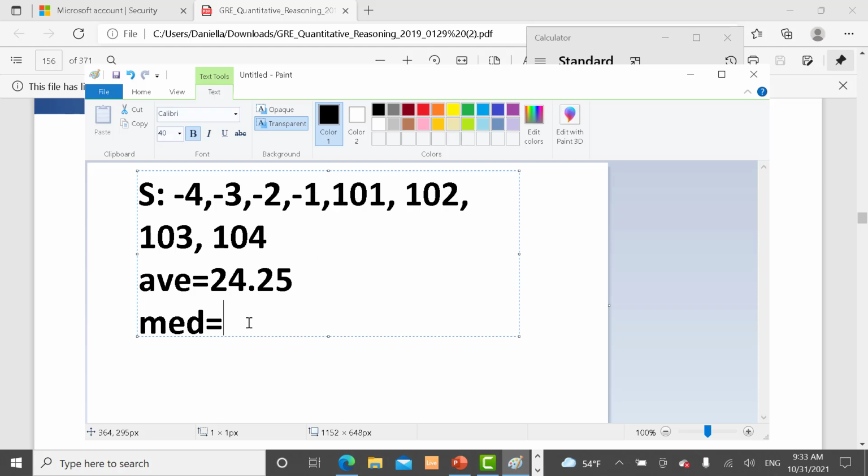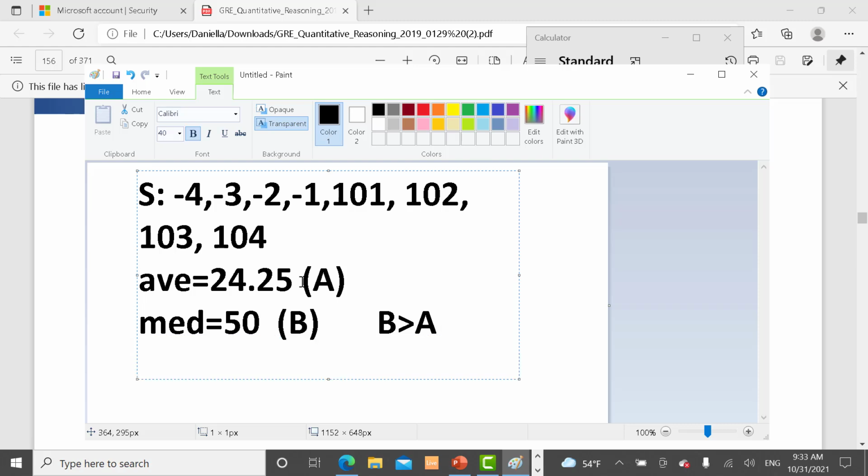So the median is -1 plus 101 divided by 2. It should be 50. So in this case, this is quantity A, the average, and the median is quantity B. See that? In this case, B is greater than A.